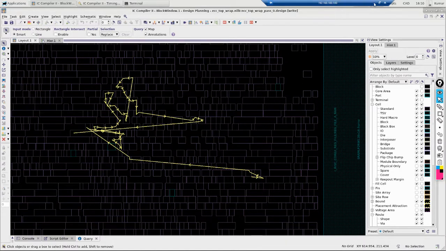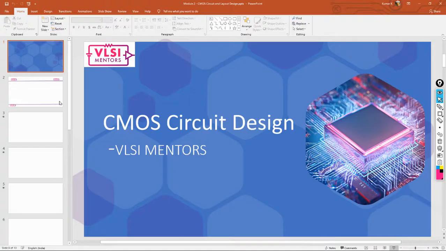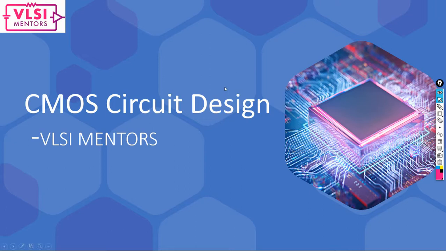Okay, all right. Leaving this aside, moving on to the actual topic that we wanted to. Okay, so CMOS circuit designs and the layout part. So in this chapter we are going to learn basic MOSFETs.